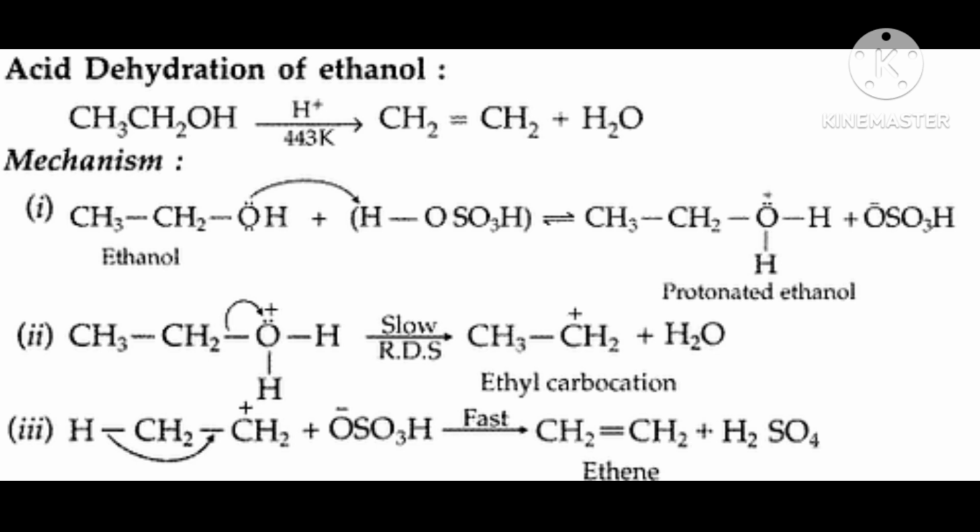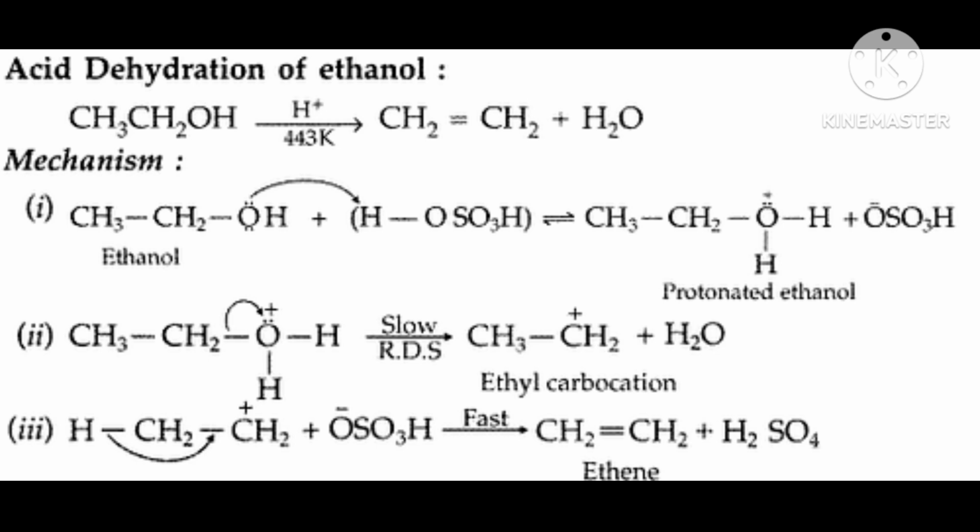This reaction takes place in the presence of acid. Acid means H plus will be there. Now the role of acid: acid is a protic acid, it will give H plus. Then this H plus and the OH of alcohol will form water.